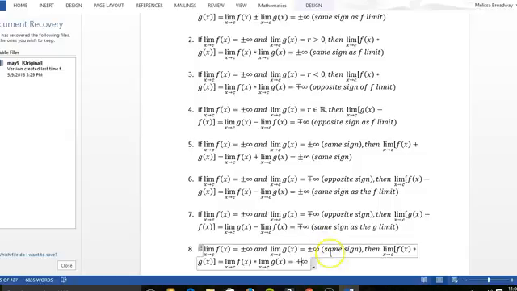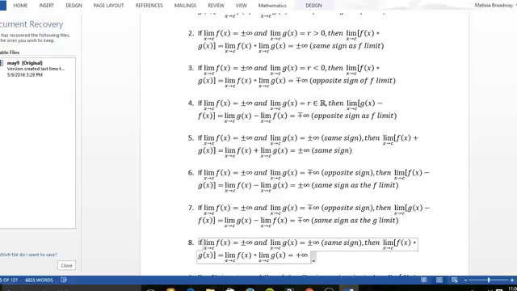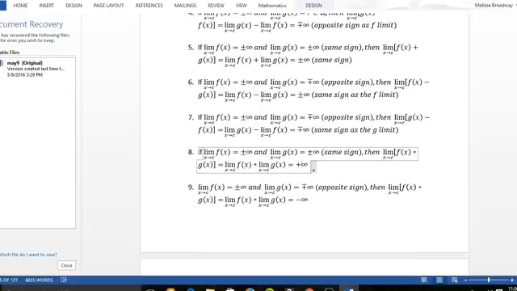But again, remember, I'm using infinity without any sign to indicate positive infinity. Remember our convention there? I don't want to go back and have to change signs all the time like I had to do just then. That's okay. Now, if f and g are opposite infinities, then the limit of the product is the product of the limits, which equals negative infinity.